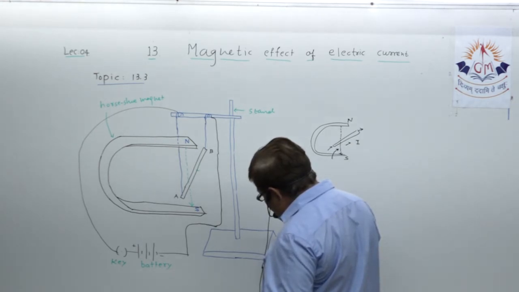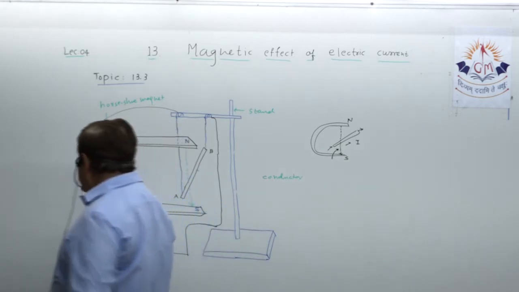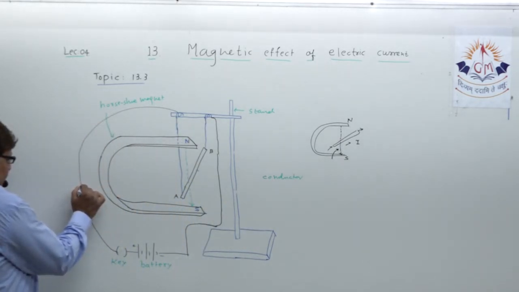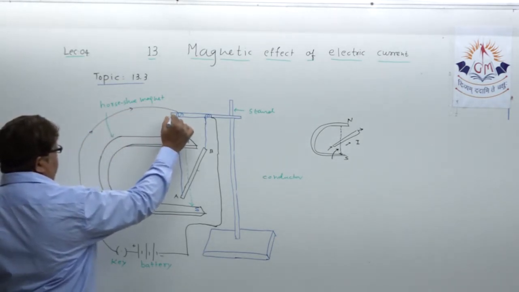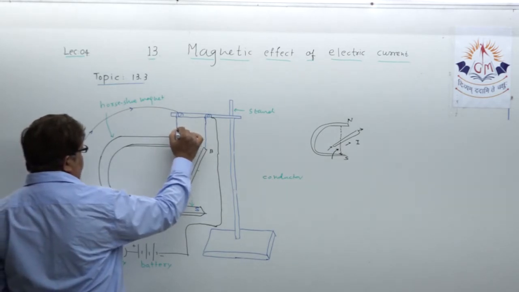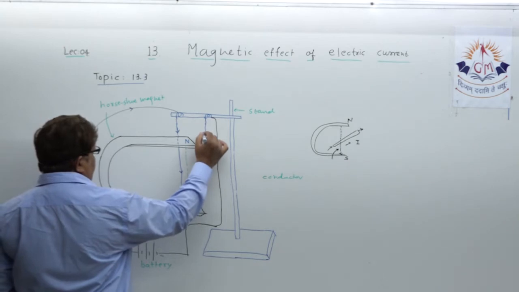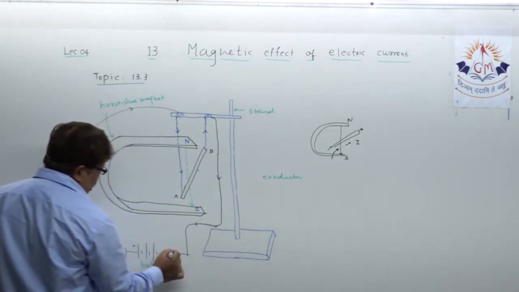You all know, from higher voltage to lower voltage, higher potential to lower potential. Suppose this is the direction of electric current. It is going to flow in this way.